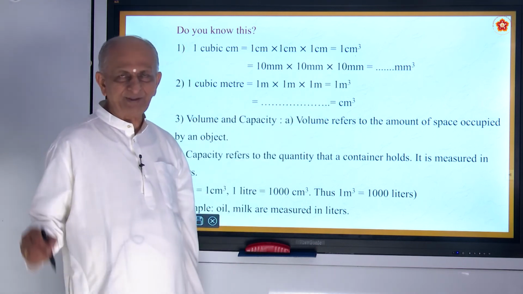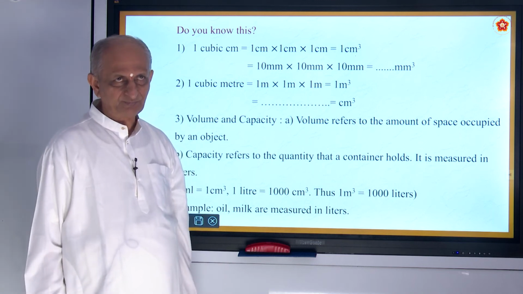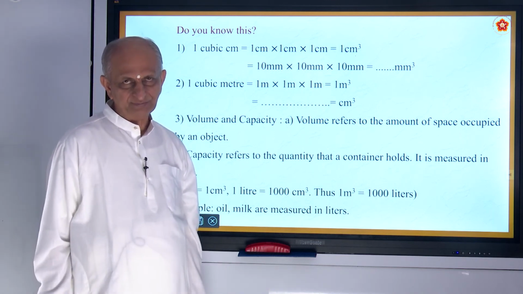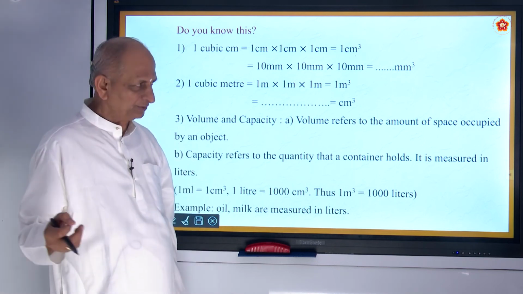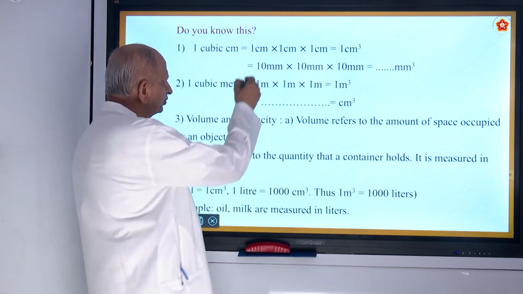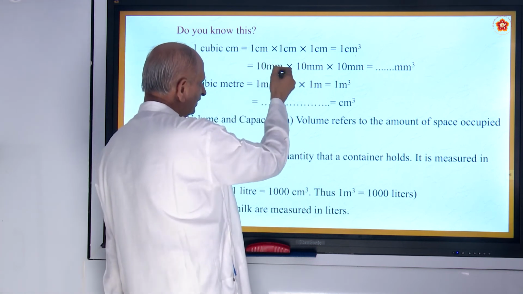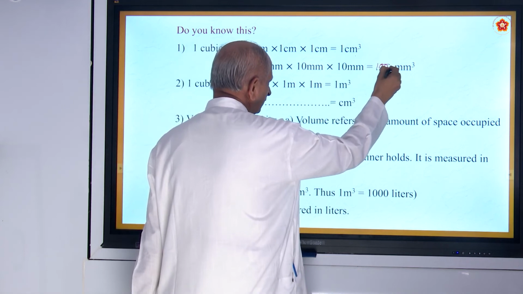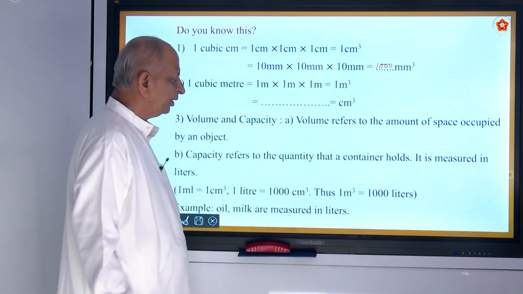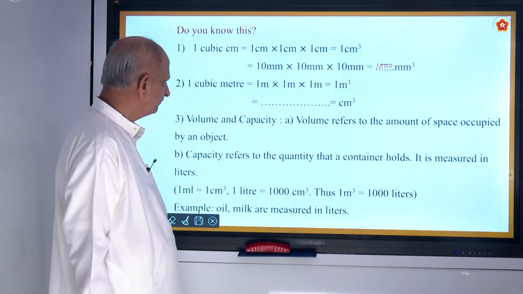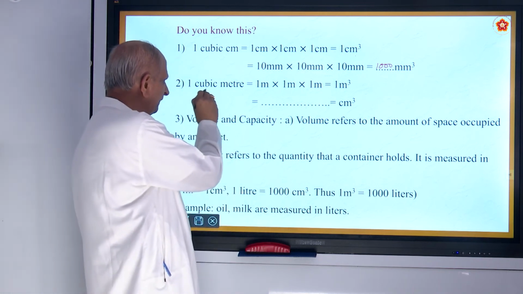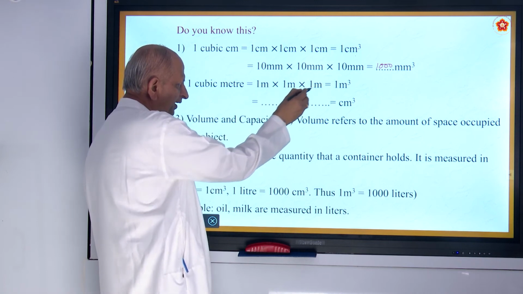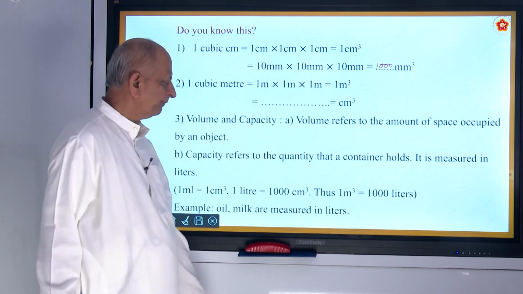Same thing if you want to express in millimeters. See, all these are required in case of pipes and strings and all. So 1 centimeter is 10 millimeters, 10 into 10 into 10, that is 1000. Please note down, 1000 millimeter cube. Similarly, 1 cubic meter means 1 meter length, 1 meter breadth, 1 meter height. That is 1 meter cube.